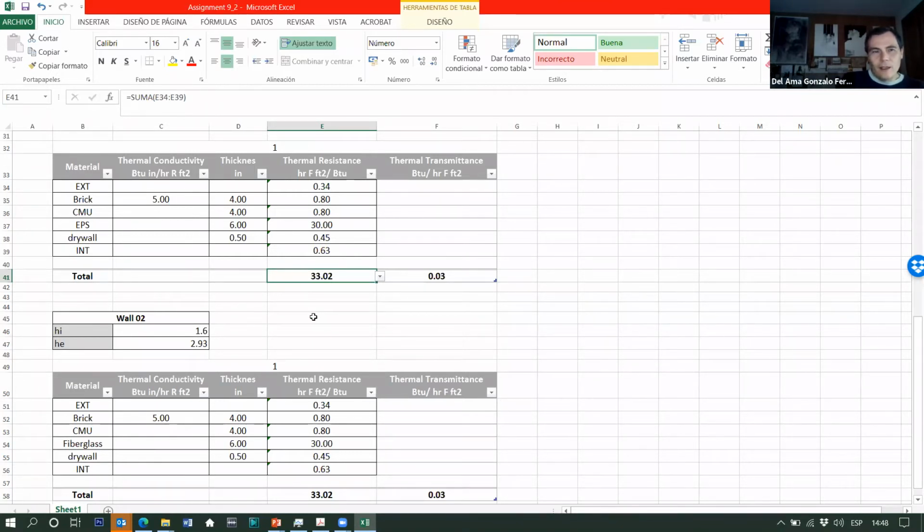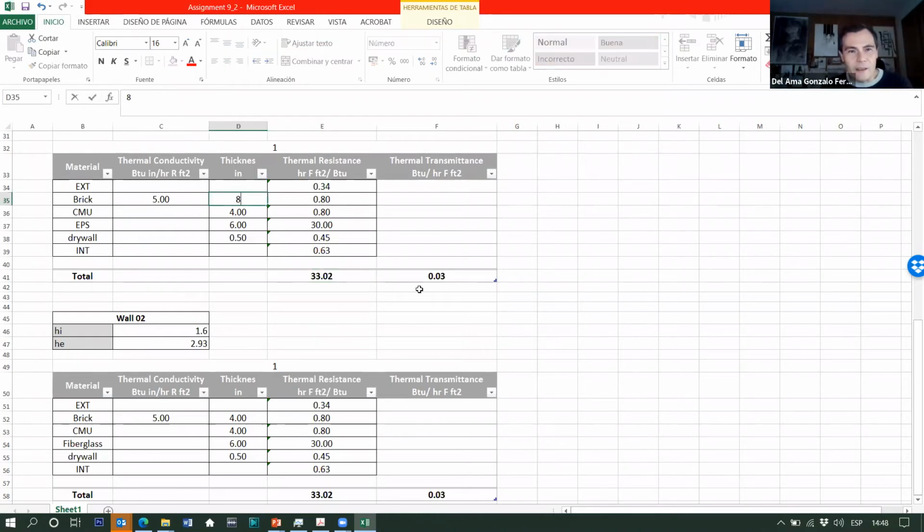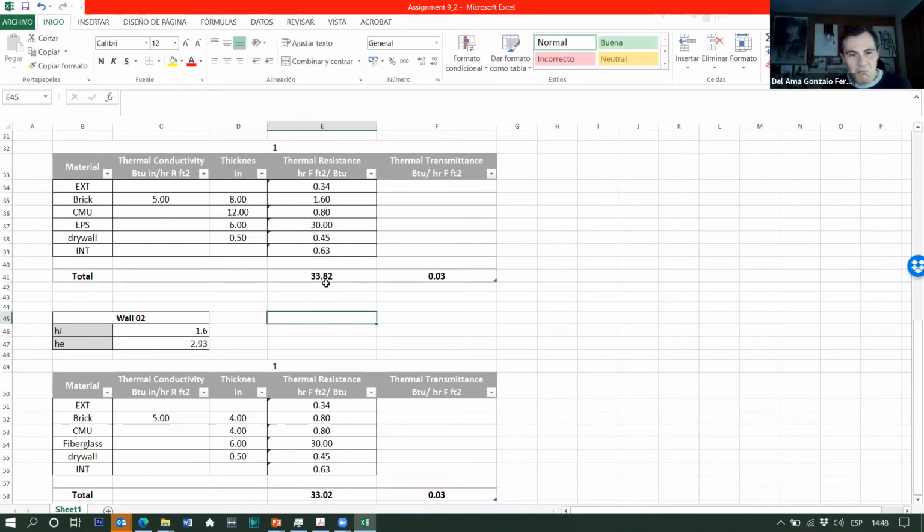What can we do? You don't have to increase the thickness of brick. Imagine that I have 4 inches, so let's work with 8 inches. Does it change? No, still 33. Concrete masonry unit, 4 inches. Now let's say 12. It doesn't change. So what matters here? The thickness of the thermal insulation.